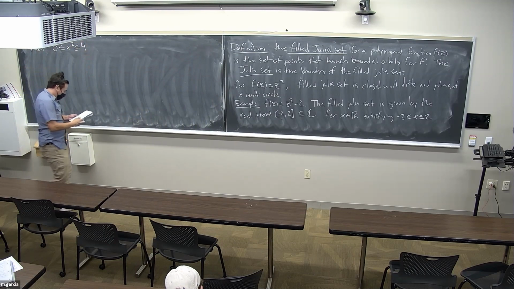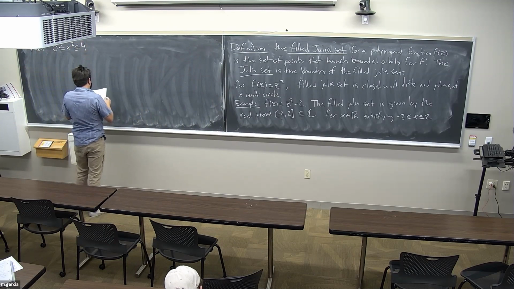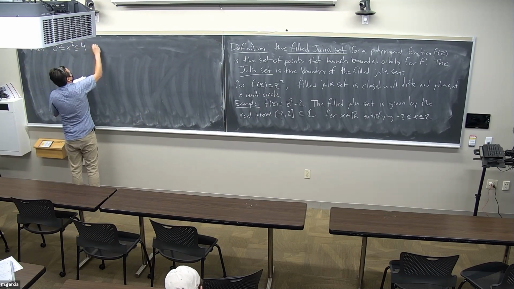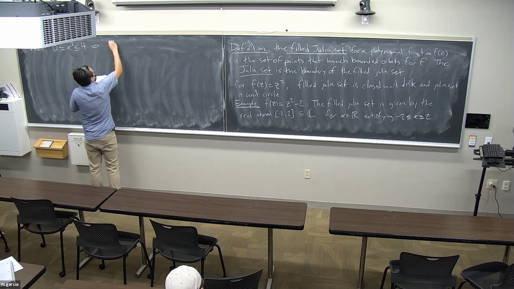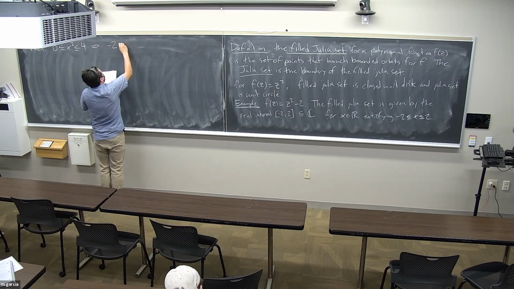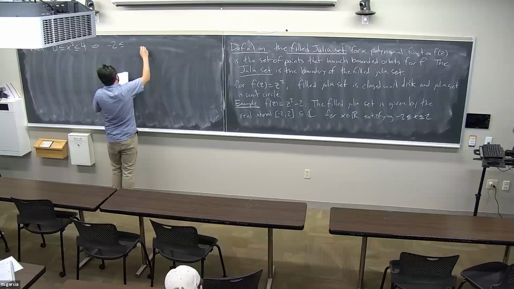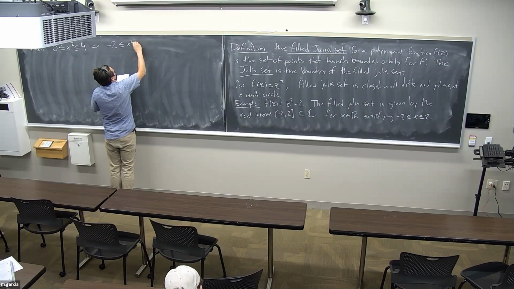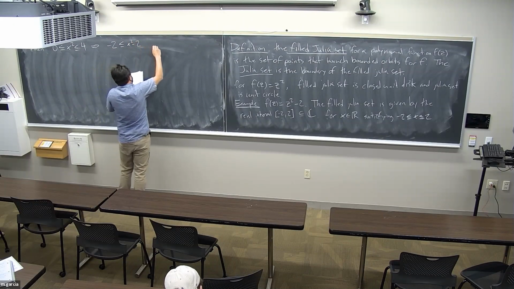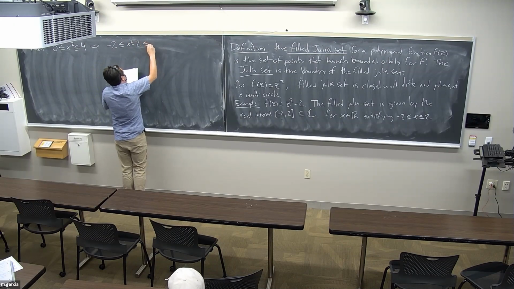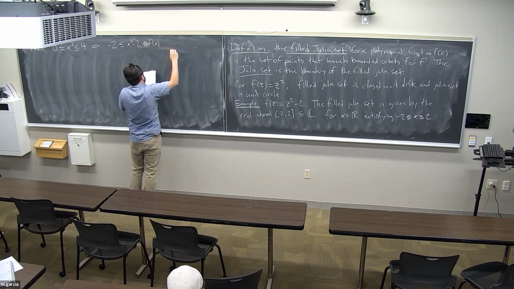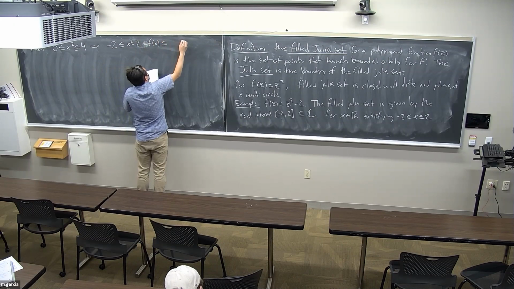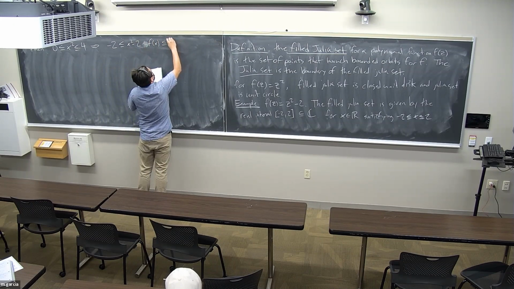Okay, so this implies that we can note the following: that -2 is less than or equal to x squared minus 2, which is equal to f of x, which is less than or equal to 2.